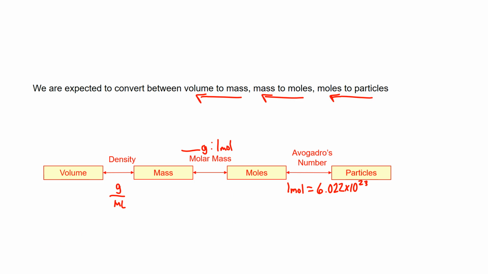So all of those are conversion factors that allows me to get from one place to another. But know that if I'm starting in particles, in order to get to mass or volume, I have to go through moles. So I can go from particles to moles, and I can go from moles to particles. I can go from moles to mass or mass to moles. But I can't jump. So moles is really kind of like my translating unit for everything else.